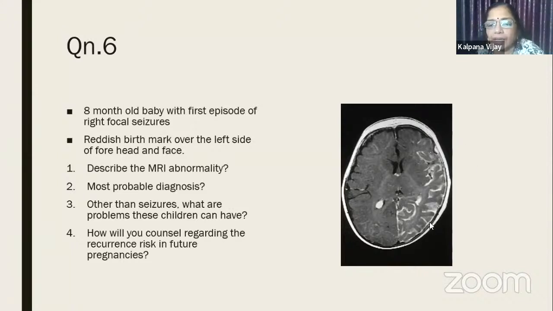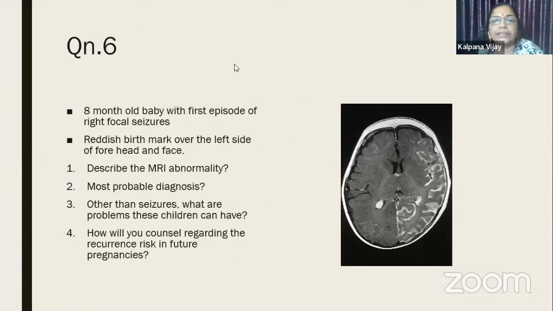So here, leptomeningeal means the pia-arachnoid, these regions get enhanced. This will be more prominent over the posterior part, the parietal as well as the occipital areas. The maximum will be in the occipital area, and when it comes through the sulci, you will see two parallel lines. This is called the tram track. Here it is not very clear, but sometimes in CT as well as in X-ray skull, we can see the tram track a little better.